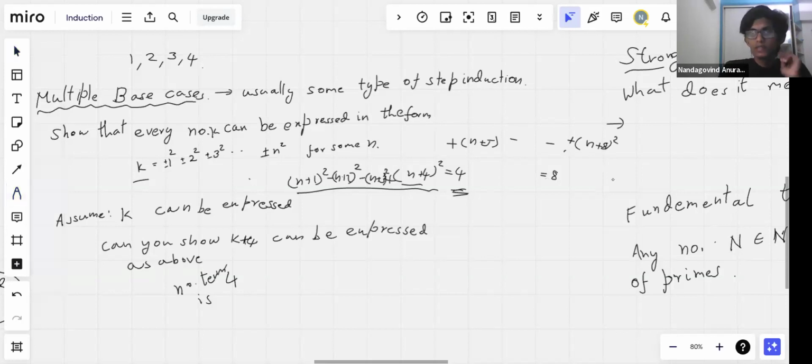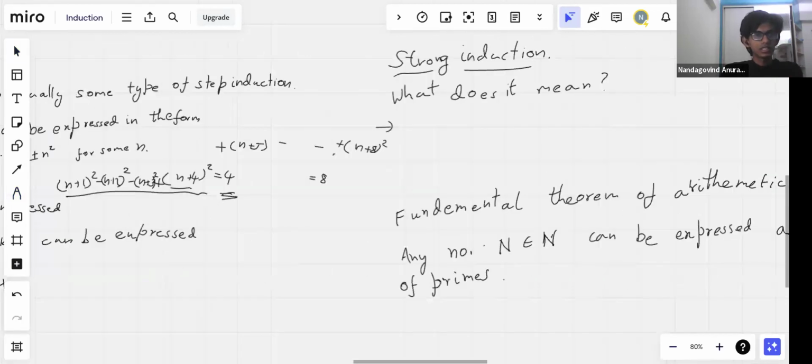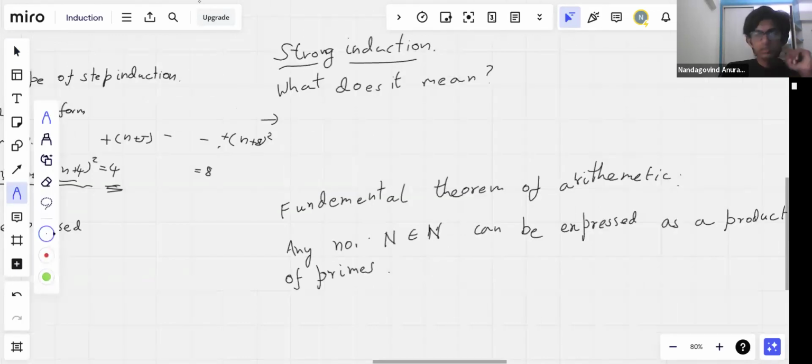Good. Okay, so we'll go on to strong induction. I think everyone else was clear. So that was, yeah, it was 15. Okay, good. So what is strong induction, right? Previously with weak induction, what we had is that n is true implies n plus 1 is true.